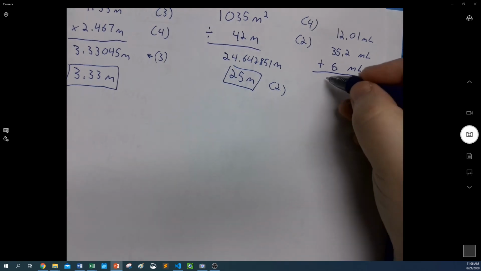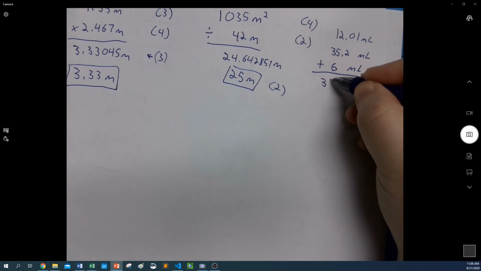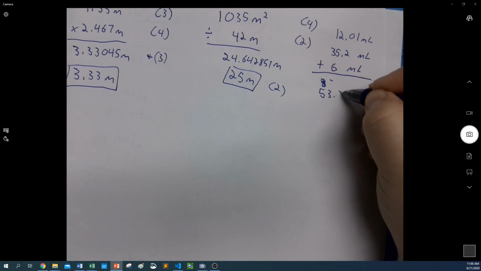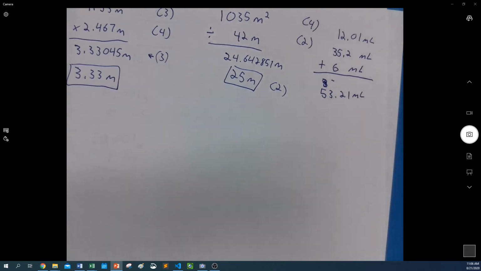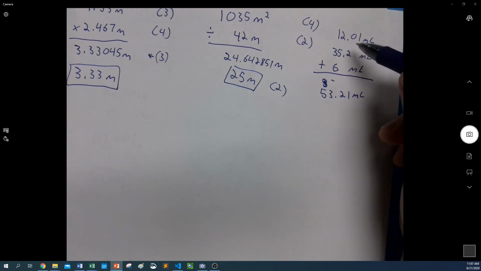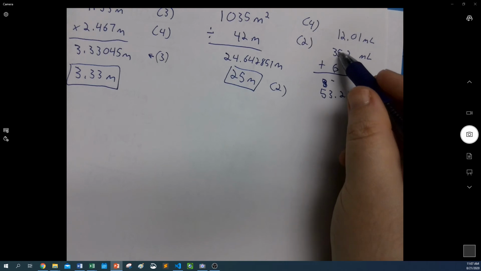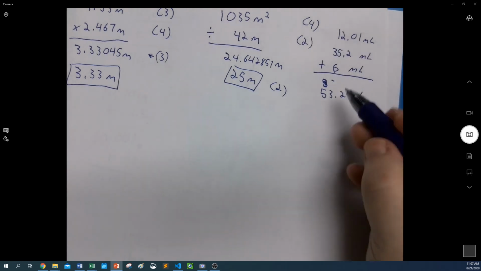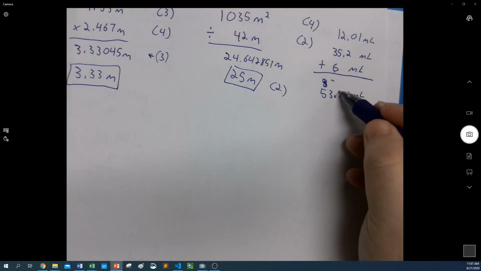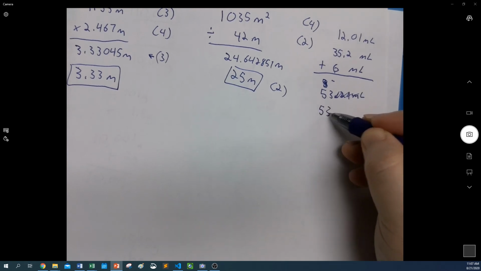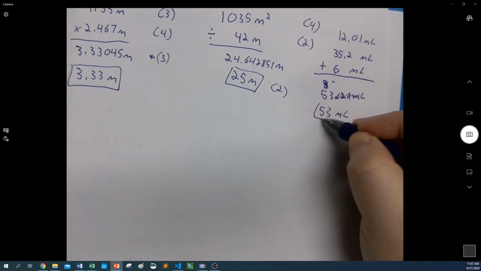So adding that together is 53.21 milliliters. And notice how I made it vertical. So I look at the least spot. So this one is the least spot. So I would cut it off and throw away everything after that. So that is 53 milliliters.